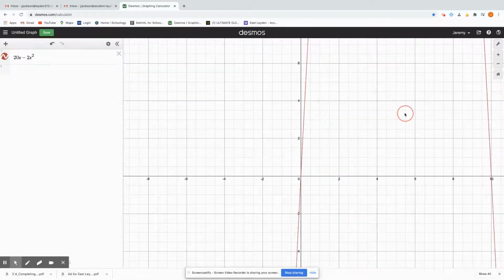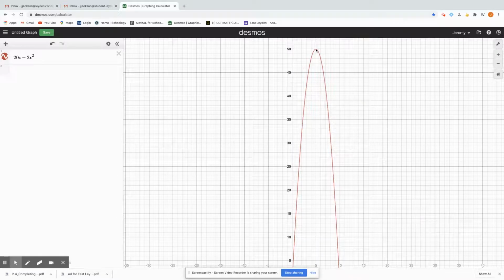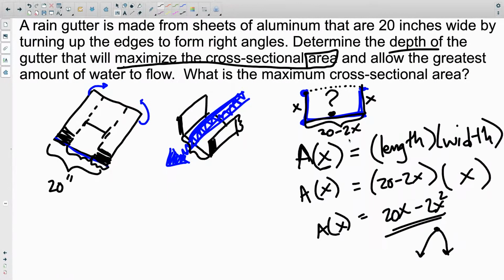And we've got to mess with our window. We zoom all the way out and we find our maximum value is 50 when x is 5. So we know that our max is y equals 50 at x equals 5.